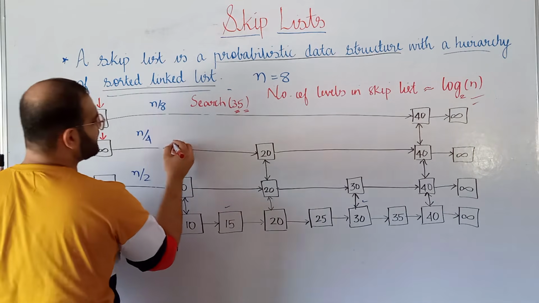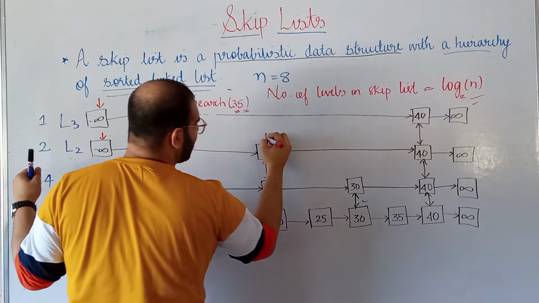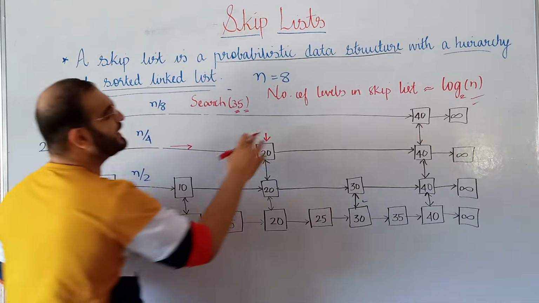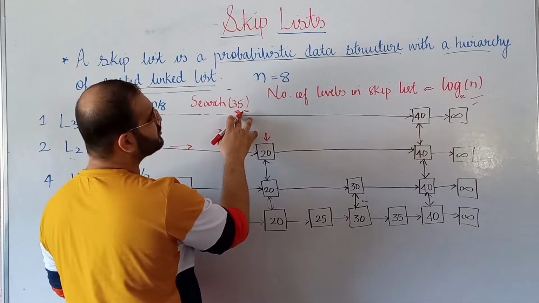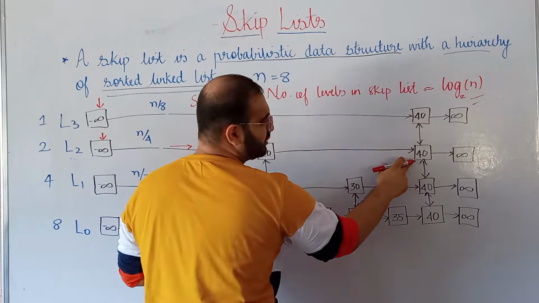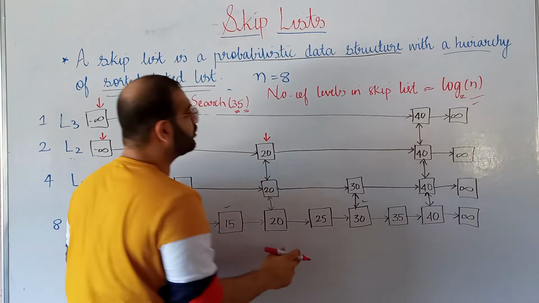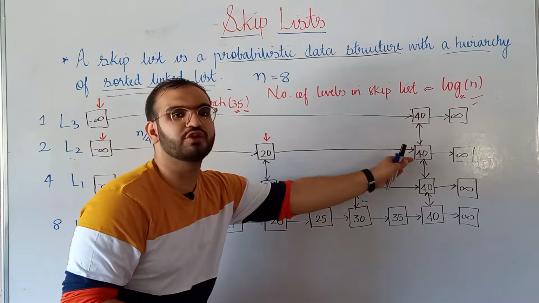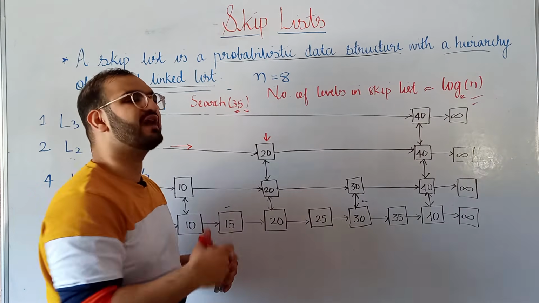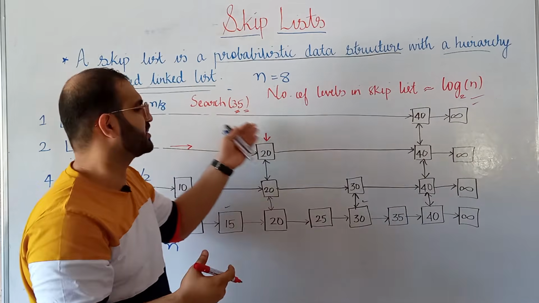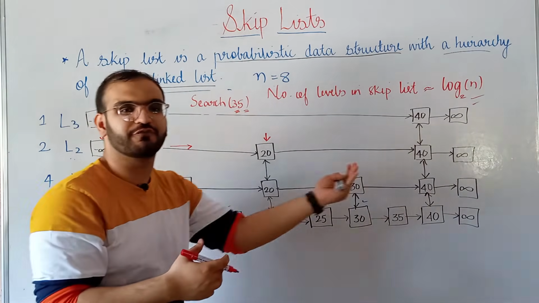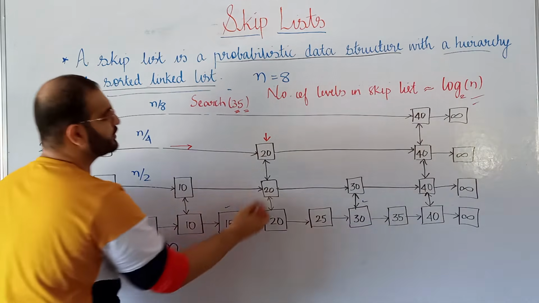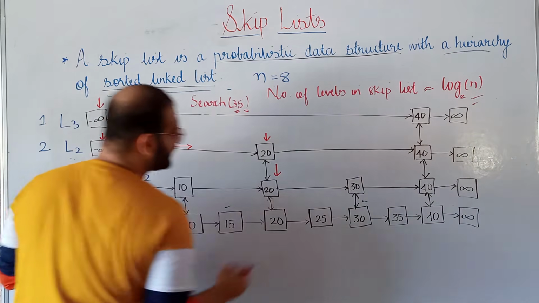No. So in such a case, we can move forward, and we come to 20. Then again at 20, we check whether the next node has a greater value than 35. Yes, the next node has value 40. So we cannot go to this node. If we go to this node, we will move ahead of the value that we are searching for, and we have no way of coming back from 40 to 35. So we will not go there, instead we will go down.